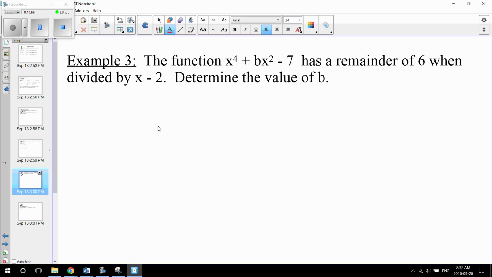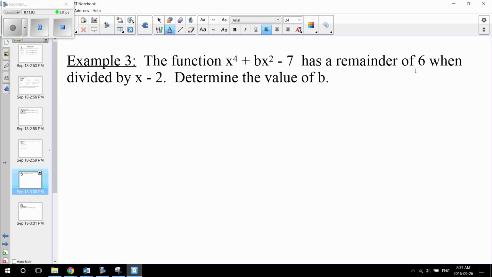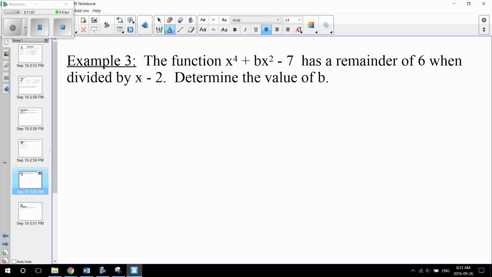We're going to look at one more example. It gives us this function here, and it tells us that it has a remainder of 6 when it's divided by x minus 2, and it wants us to determine the value of b.